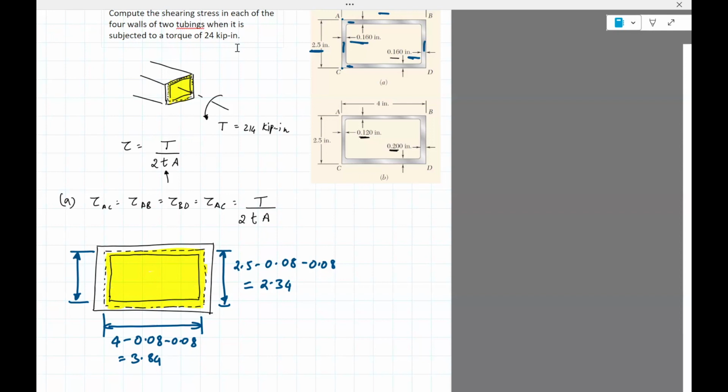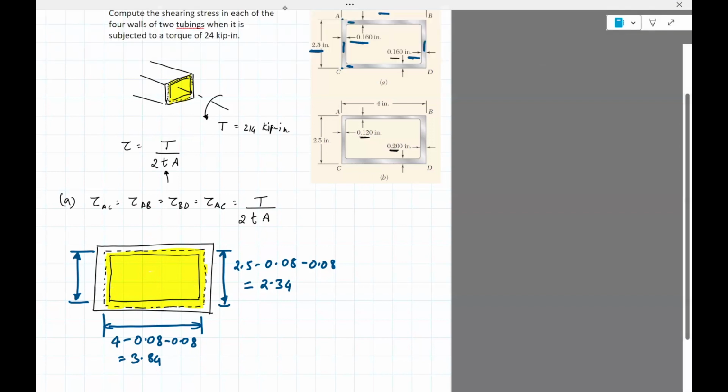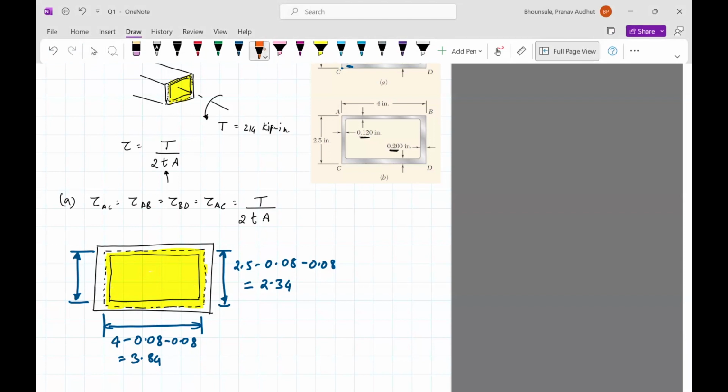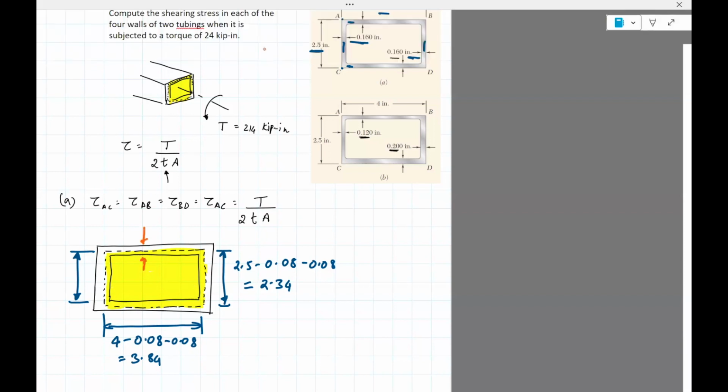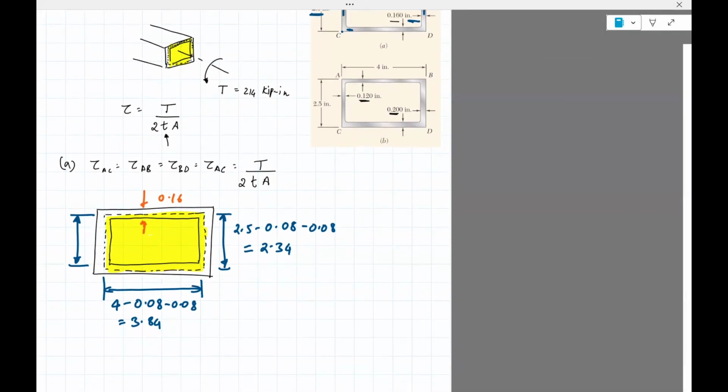Okay, so you also see that the thickness of all four sides is the same. It's 0.16. So now we can solve for this. We have the torque 24, divided by 2 times thickness 0.16 times the cross-section area, which will be 2.34 times 3.84.